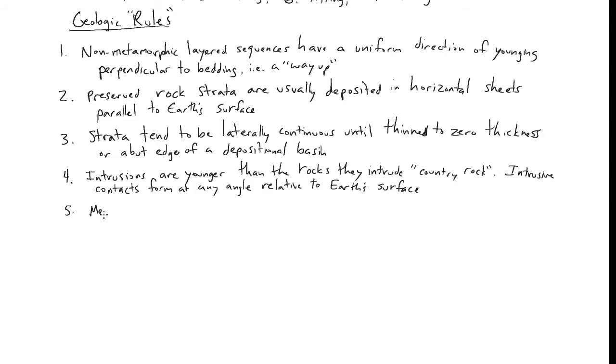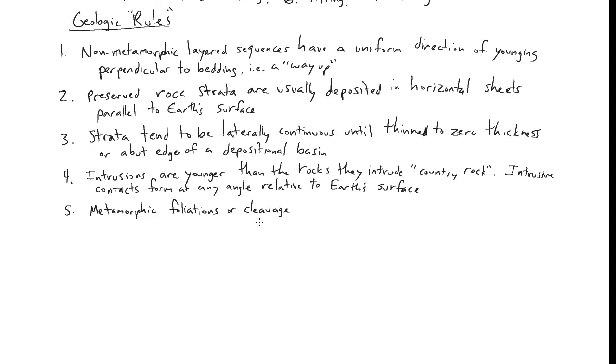Number 5, metamorphic foliations. Or I'll introduce another word, cleavage. So we're going to talk about these in more detail later, but foliations and cleavage are planar layering that's not sedimentary, that develops when rocks are strained at high temperatures.